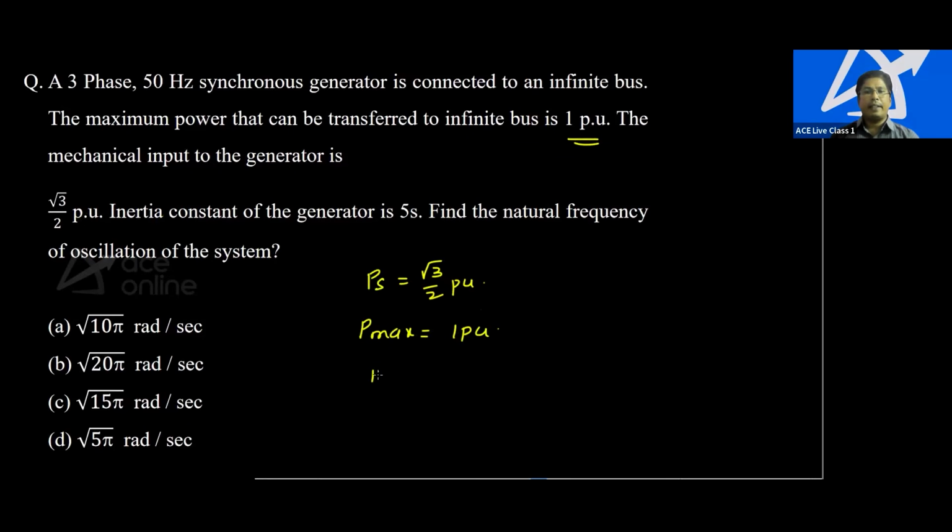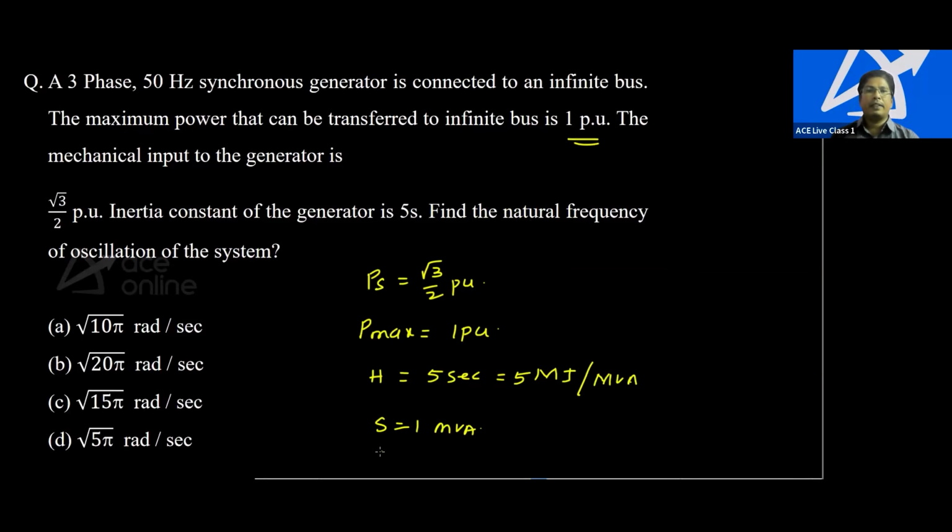The inertia constant H is given as 5 seconds, meaning 5 megajoules per MVA. So per MVA means you can take S as 1 MVA. Find the natural frequency of oscillations.